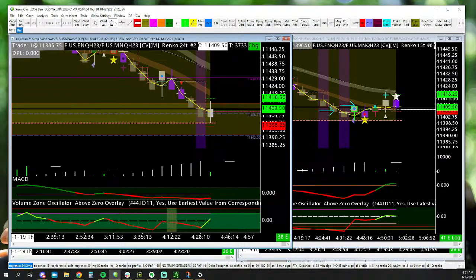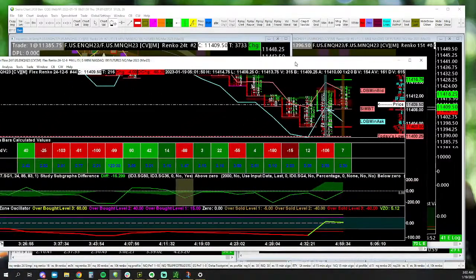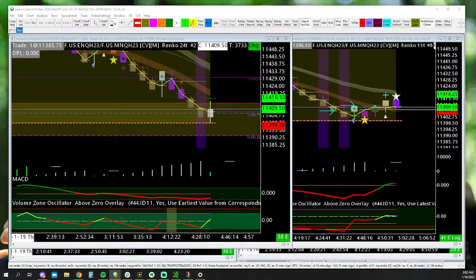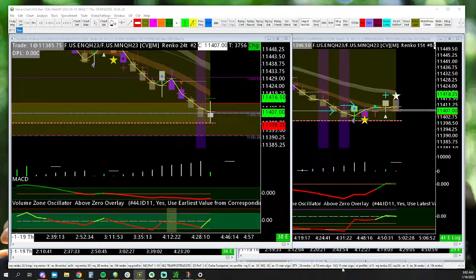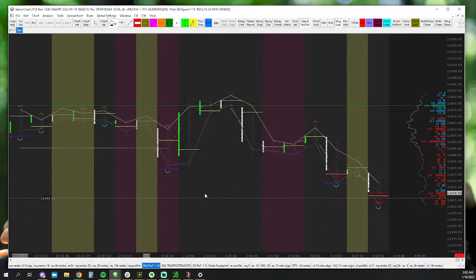But all of this information, if you're curious, is coming from here, and there's the footprint, and then the order book, as well as this as well. So that's my PNF chart.